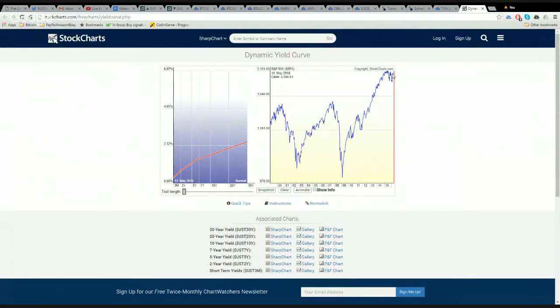In fact, as long as we have a normal and healthy yield curve, you're going to notice that the stock market is going to move up. Why? If we think about it in the simplest terms, a big part of the stock market is made up of financial companies.